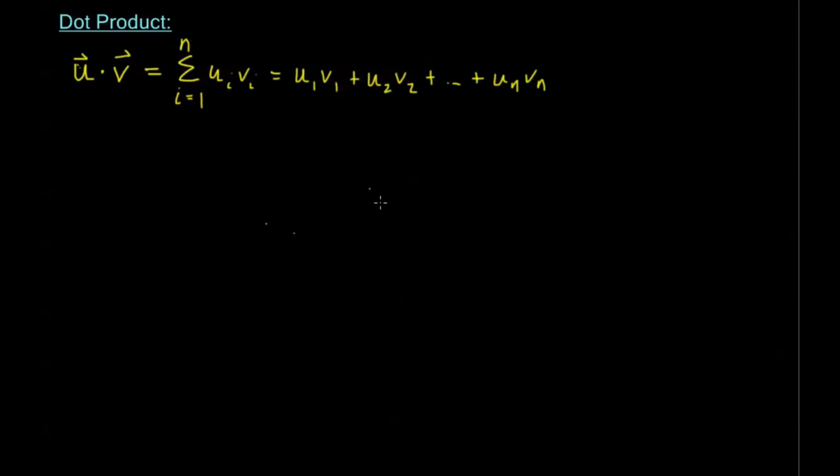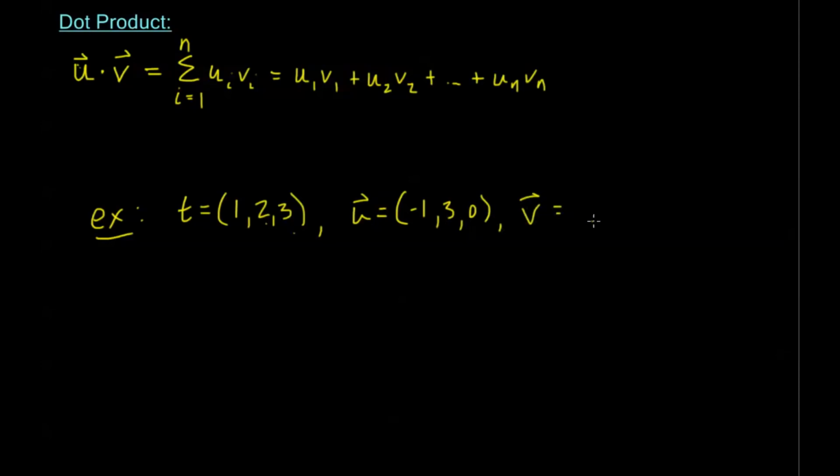All right, now let's look at a quick example of all of these. Let's say I have these three vectors. We'll say t is equal to (1, 2, 3). Let's have a vector u equal to (-1, 3, 0), and a vector v, say that's equal to (2, -2, 2). So I can talk about u dot v.